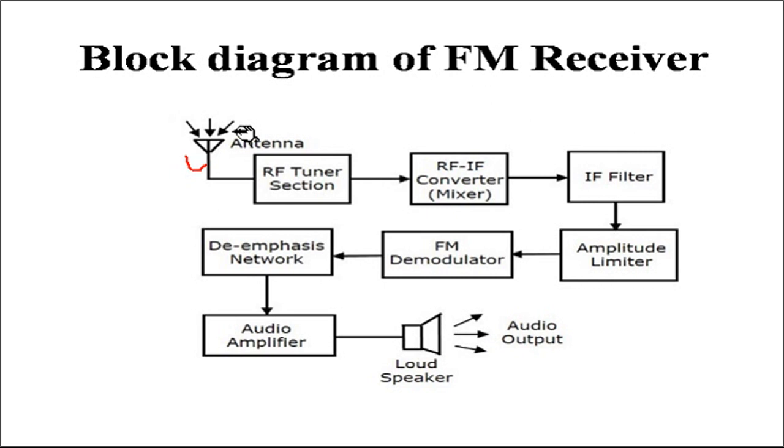This parameter is called selectivity. This is the most important parameter which we should always keep in mind. Basically, selectivity is the ability to select a particular signal and reject all other unwanted signals.